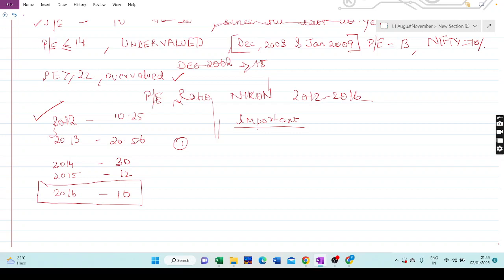We have to compare the P of a stock with its financial performance, industry trends, and future growth prospects. Please note down this point.